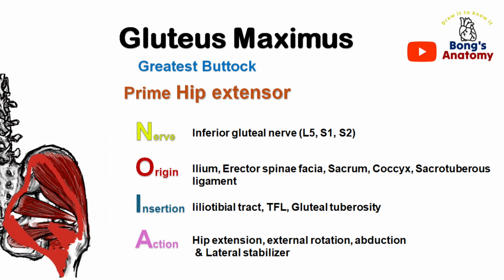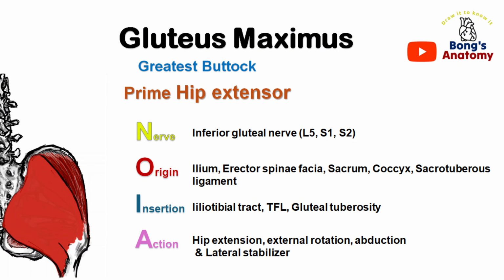Gluteus maximus means greatest buttock, like the movie Gladiator. Maximus means the greatest one. Innervated by the inferior gluteal nerve. If you have a closer look, it is actually lower than the gluteus medius and minimus, so it makes sense that it is innervated by the inferior gluteal nerve.